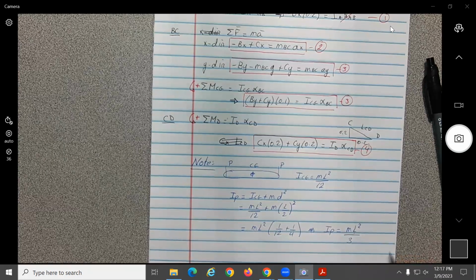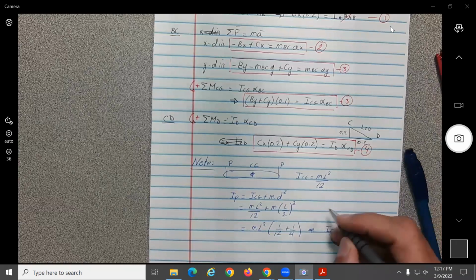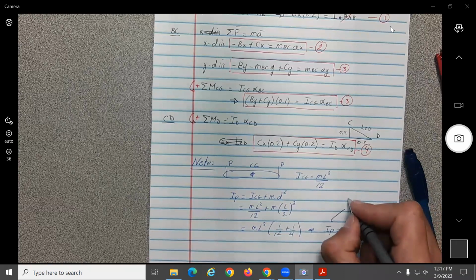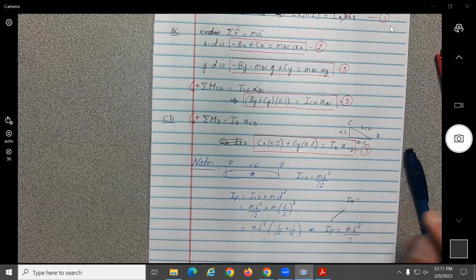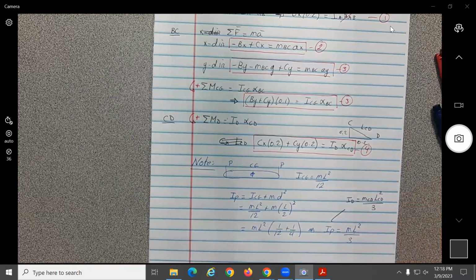Okay, so all this stuff is to say what? Here I call it I_P, but what is I_D? I_D would be M_CD, the length of the bar CD squared, divided by 3, no?